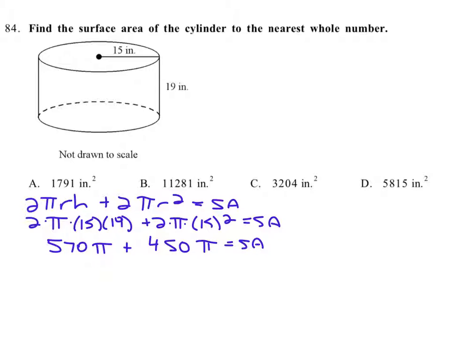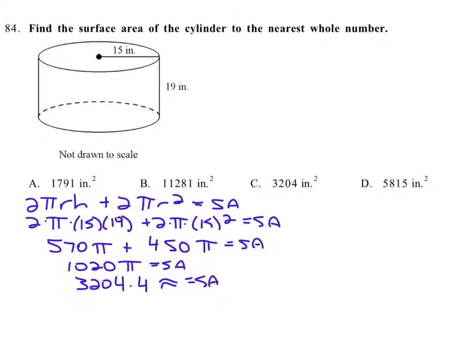And if we do 570 plus 450, we get 1020 pi. And if we then multiply by pi, we do 1020 times pi. And we would get 3,204.4 is approximately equal to the surface area.